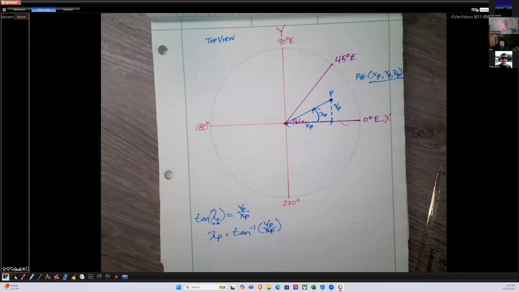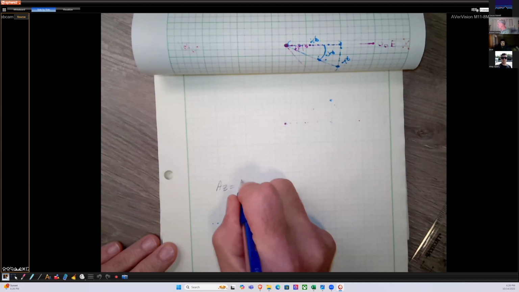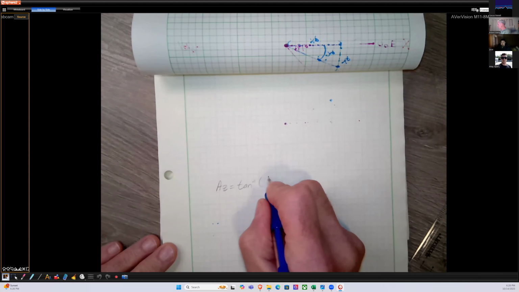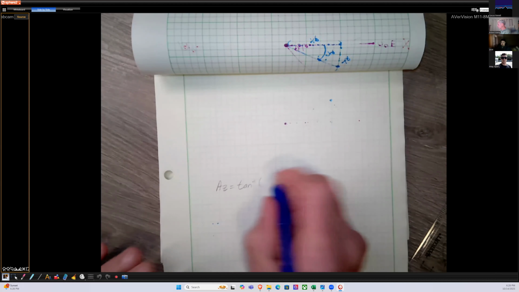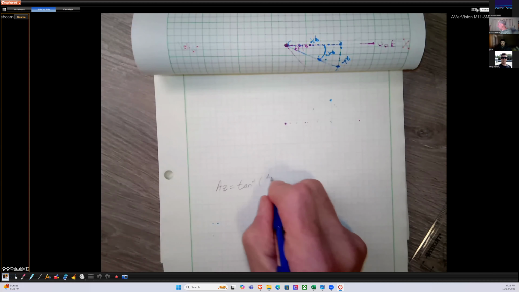Now, just as an aside, with azimuth, we do the arctan of the departure over the latitude, so the difference in the eastings over the difference in the northings.